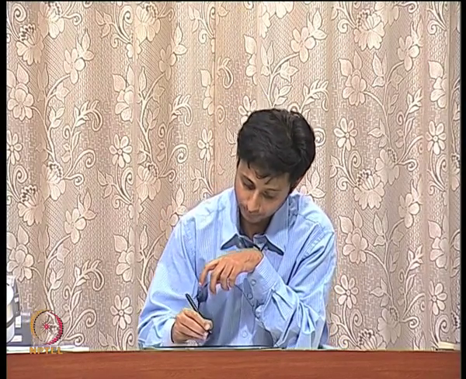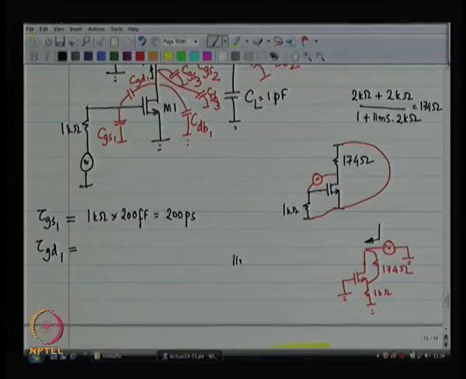GM and GMB are coming in parallel to each other. So, you will be getting 11 millisiemens times RDS. RDS and 174 ohms are in shunt with each other. So, you get 2K in parallel with 174.